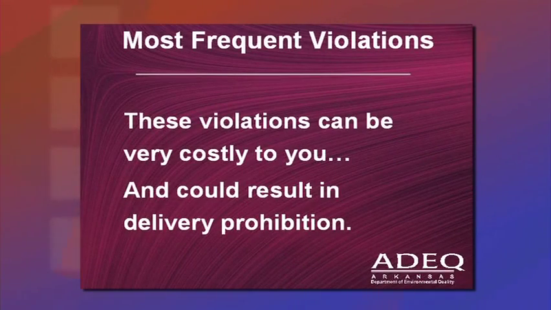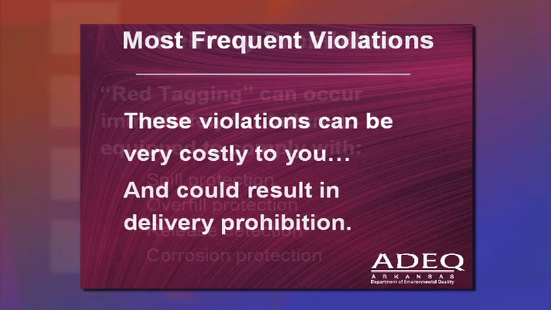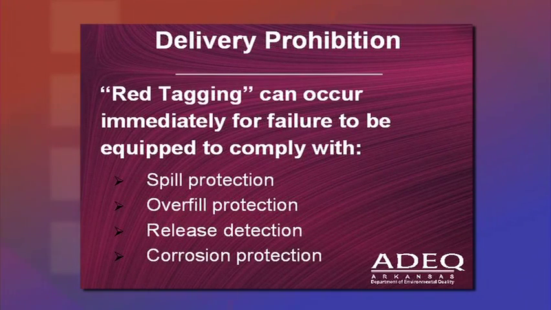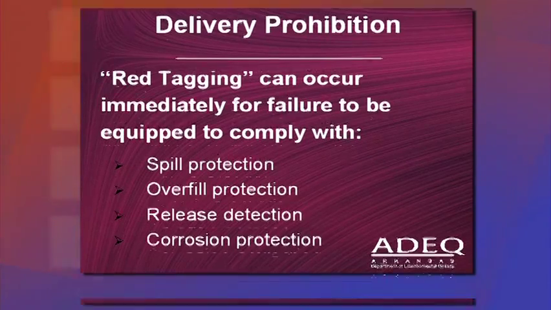So, out of those violations, they can be very costly to you, and they could result in delivery prohibition. Delivery prohibition is red tagging. Red tagging can occur immediately at your facility for failure to be equipped to comply with release detection, overfill protection, and corrosion protection if it's needed.